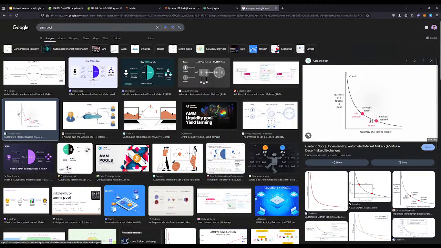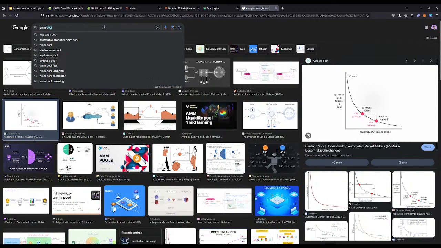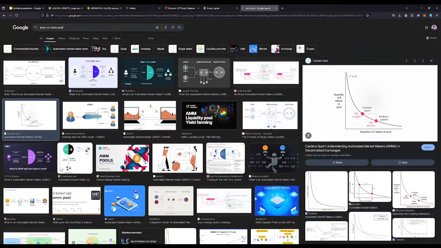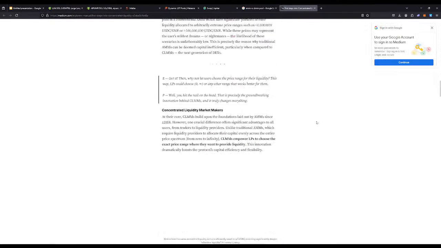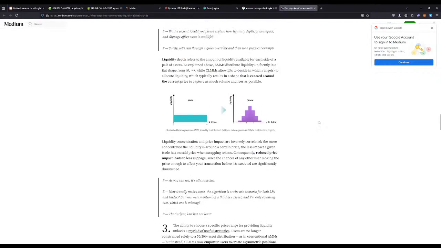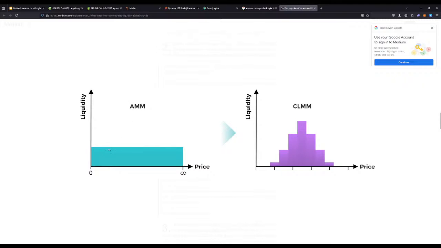But another thing that you need to understand about what's happening in AMM pools is, when you're providing liquidity from zero till the infinite price point, for example, if we talk about Solana, the price is not volatile between zero and infinity.